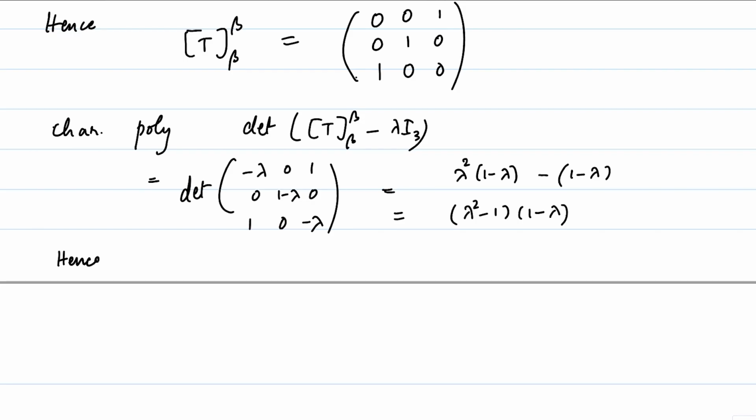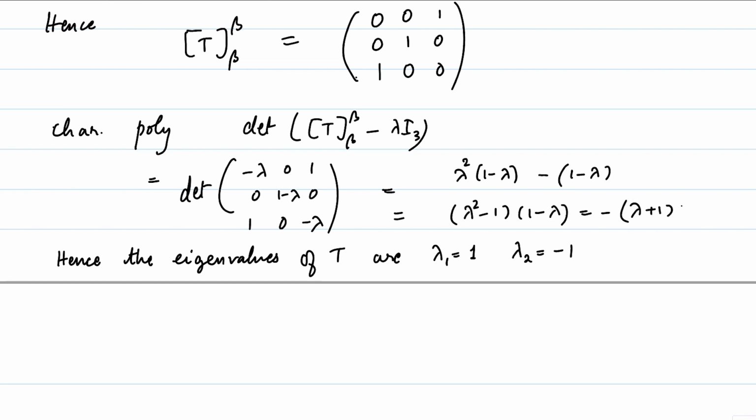Hence, the eigenvalues of T are lambda 1 equal to 1 and lambda 2 equal to minus 1. Why? Because this is just minus of lambda plus 1 into lambda minus 1 the whole square. So there are two roots and they are going to be the eigenvalues.